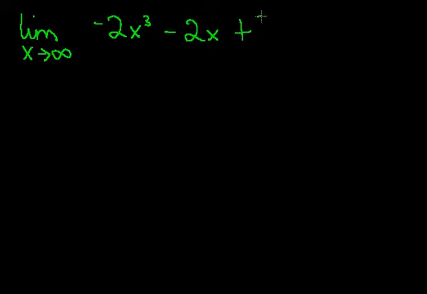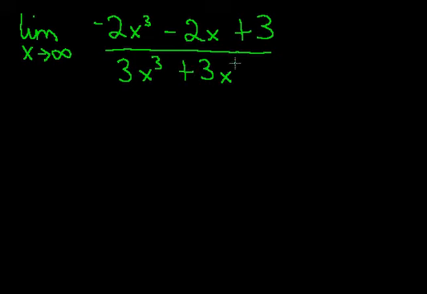So let's say we had the limit as x tends to infinity of negative 2x cubed minus 2x plus 3, and this is all over 3x cubed plus 3x squared minus 5x.